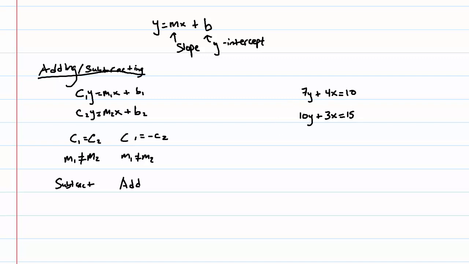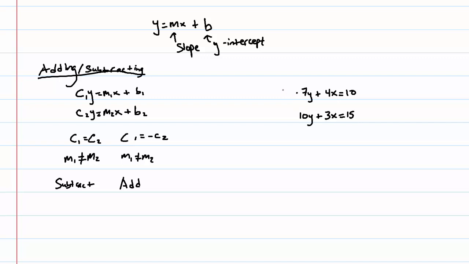Well, we don't have anything that can be directly added or subtracted, but here, we can multiply one equation by an entire number, and if we have to, we might need to multiply the other equation by an entire number. We see that we can do either y or x. For y, our common multiple is 70, and for x, our common multiple is 12.